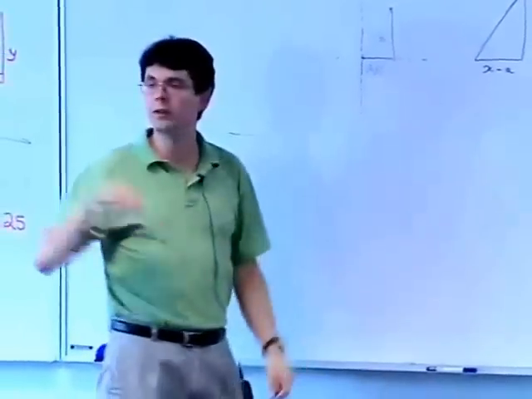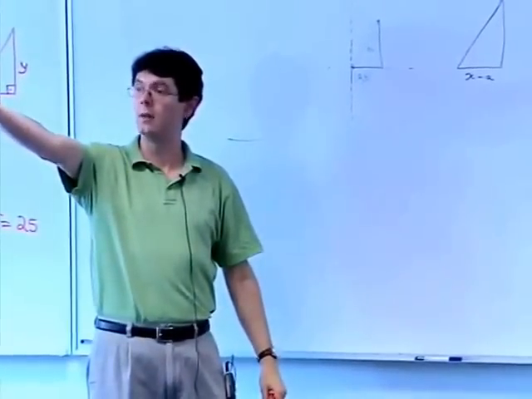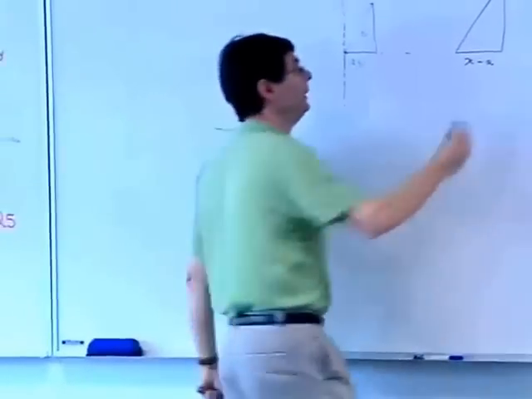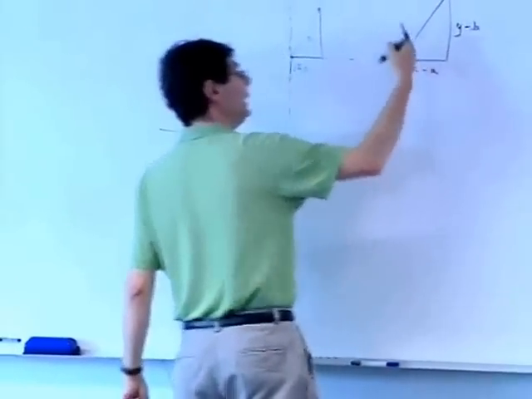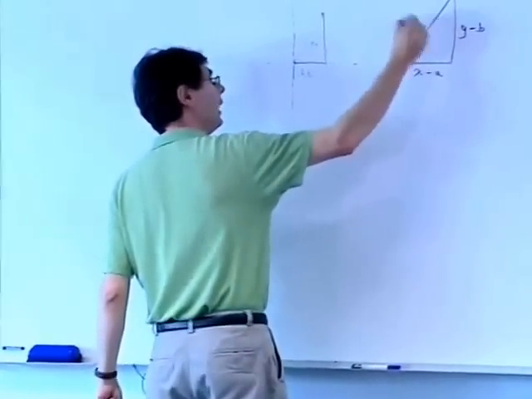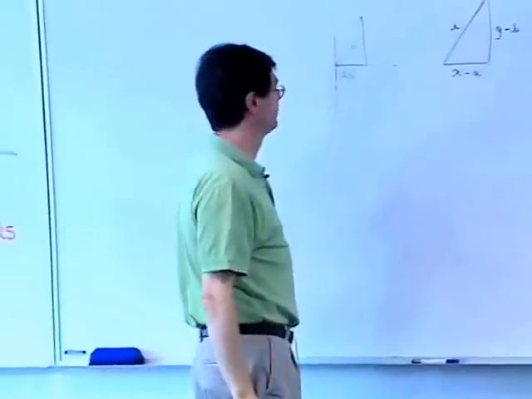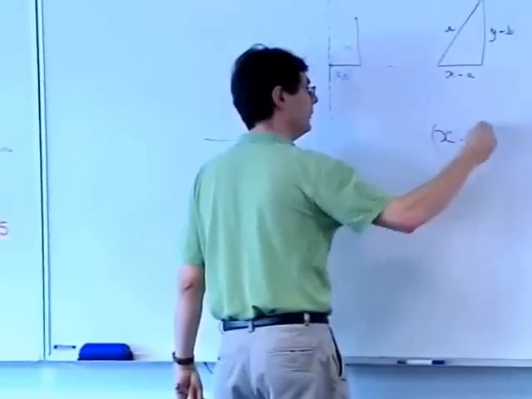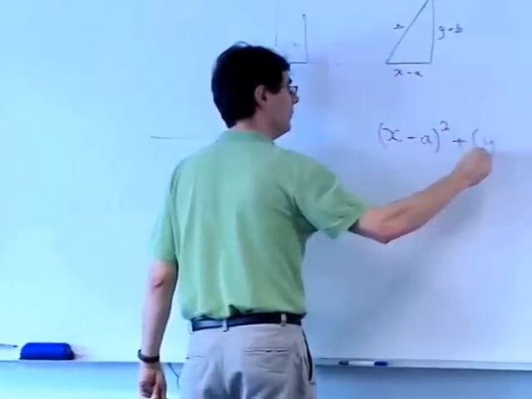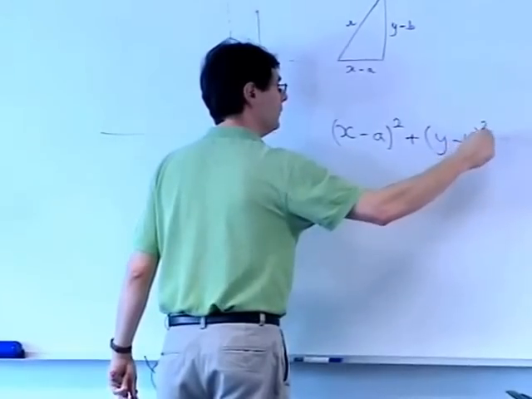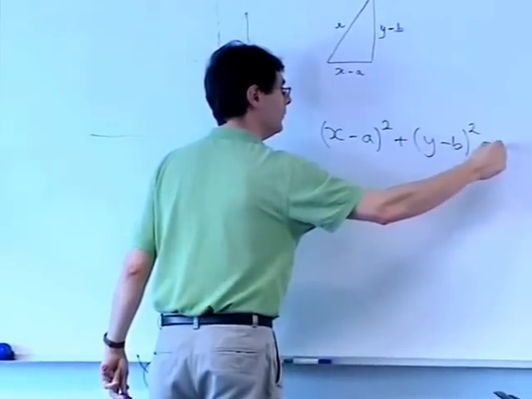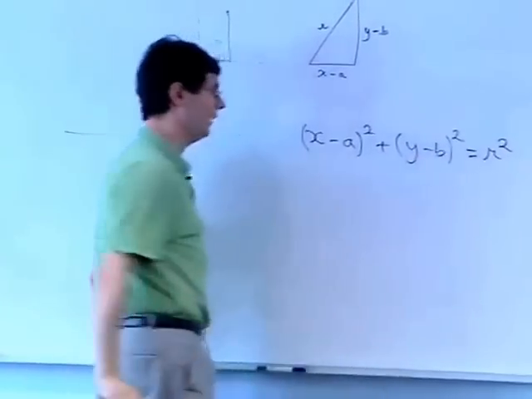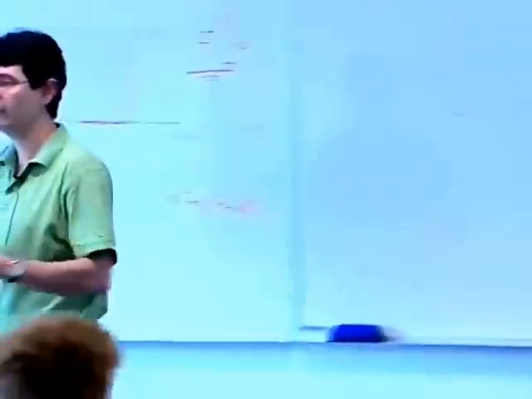Likewise, the horizontal is y take b. And the hypotenuse is r. So the equation is that. Check that out. Write it yourself in your own words. Convince yourself that that's true.